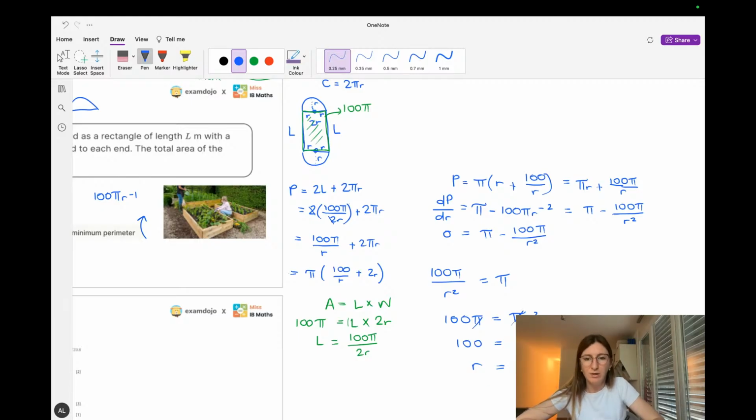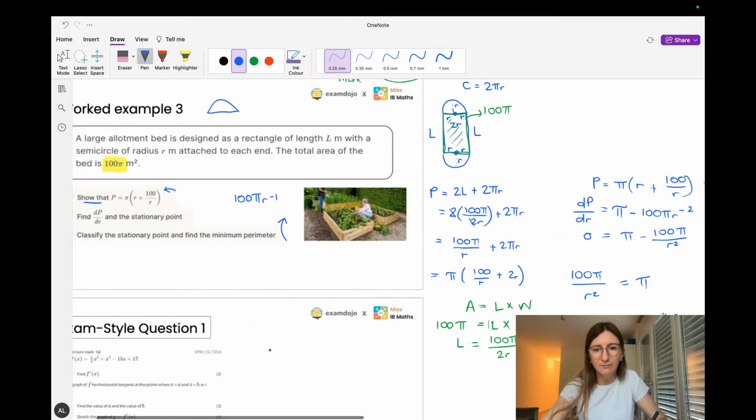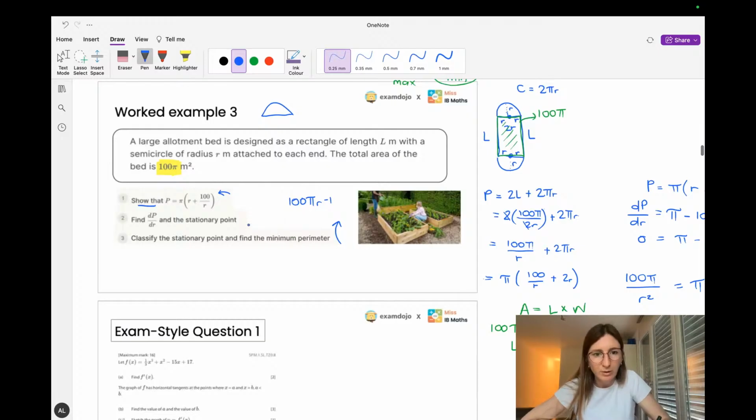Not to forget, it can be positive or negative, and you need to show that you know that. But radius can only be positive, so r can only be positive 10. All right, so we found the value of the stationary point is that r equals 10.